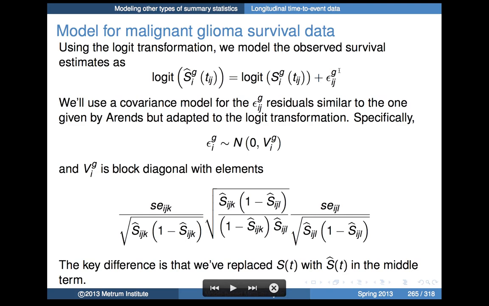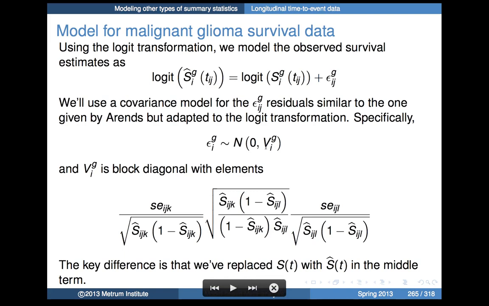And again, if we string out those residuals over time within a treatment group and within a study, we can go back to the same first principles that Deere and Ahrens put together, and we can derive what the model for VIG is.